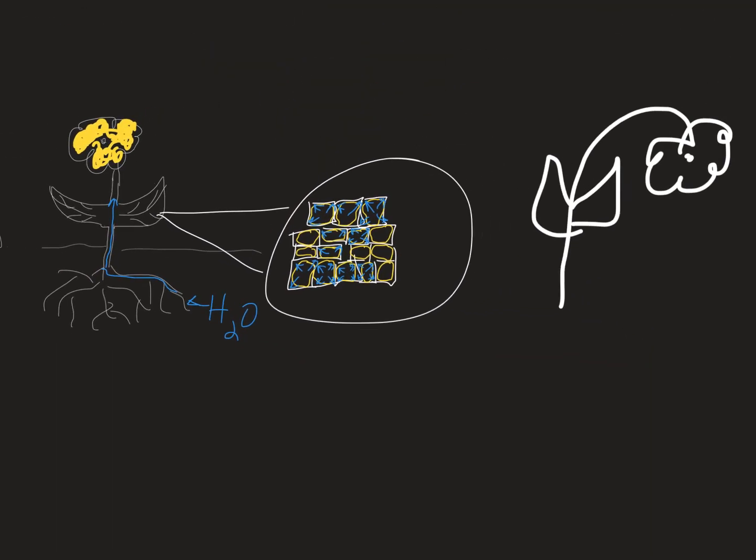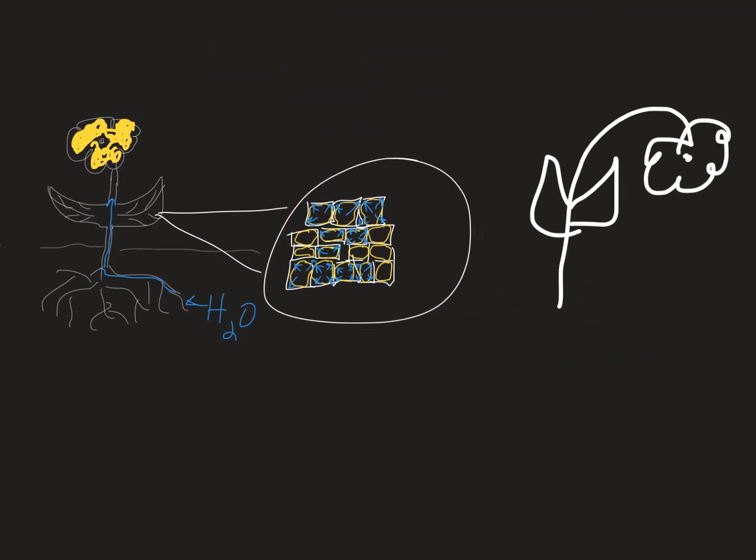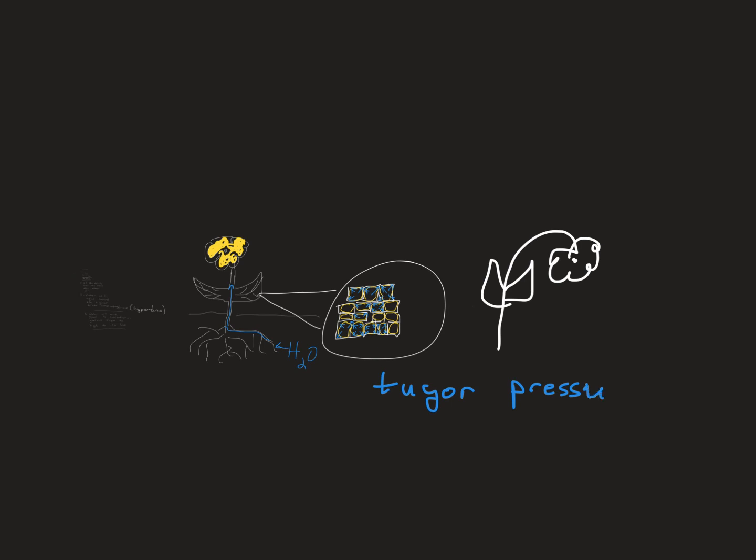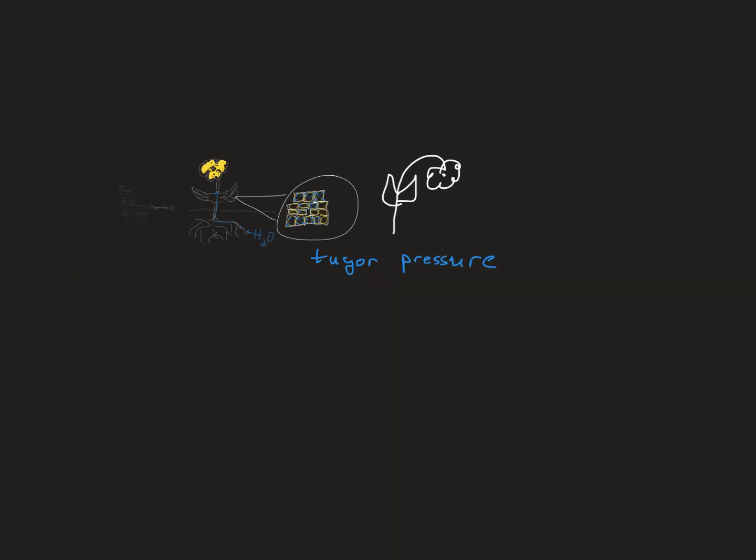Otherwise, gravity would just pull it back down. Is that clear? We call that turgor pressure. So turgor pressure is what pushes the plant up.